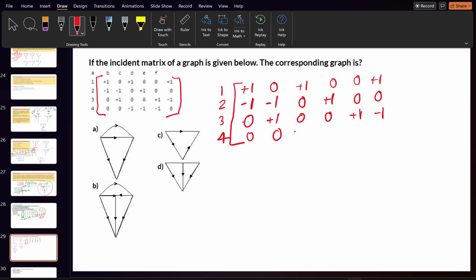Here it is 0, 0, minus 1, minus 1, minus 1, 0. And the branches are A, B, C, D, E, F. Now it is clear, I think.